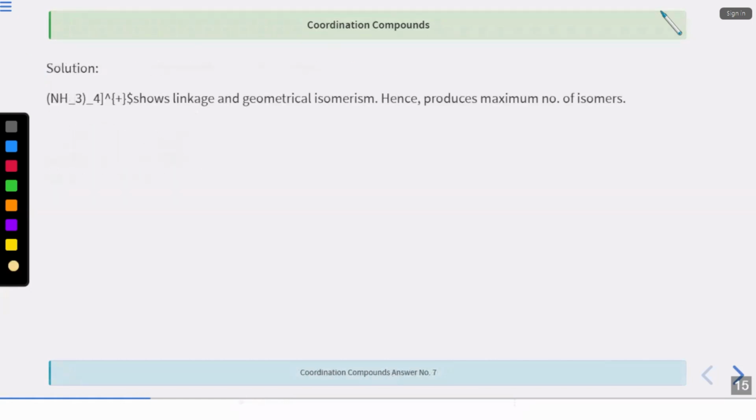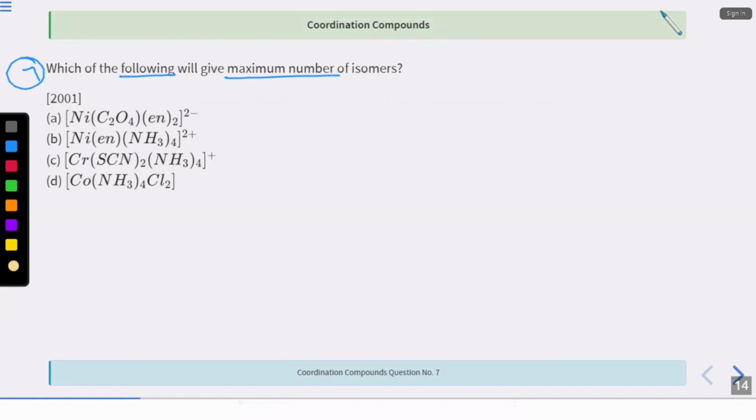Basically, it is saying that it will show linkage and geometrical isomerism. So let me check once. So it would be option number C, [Cr(SCN)2(NH3)4]+.